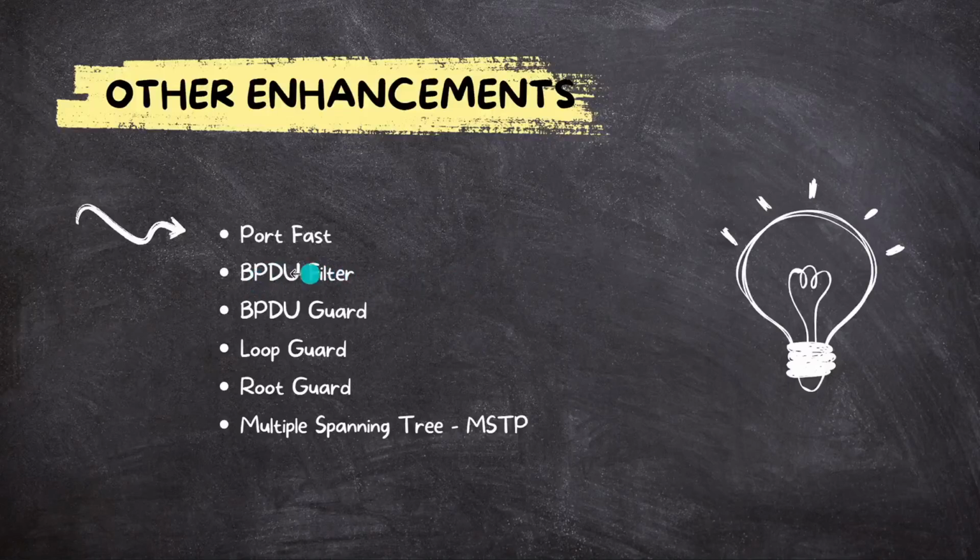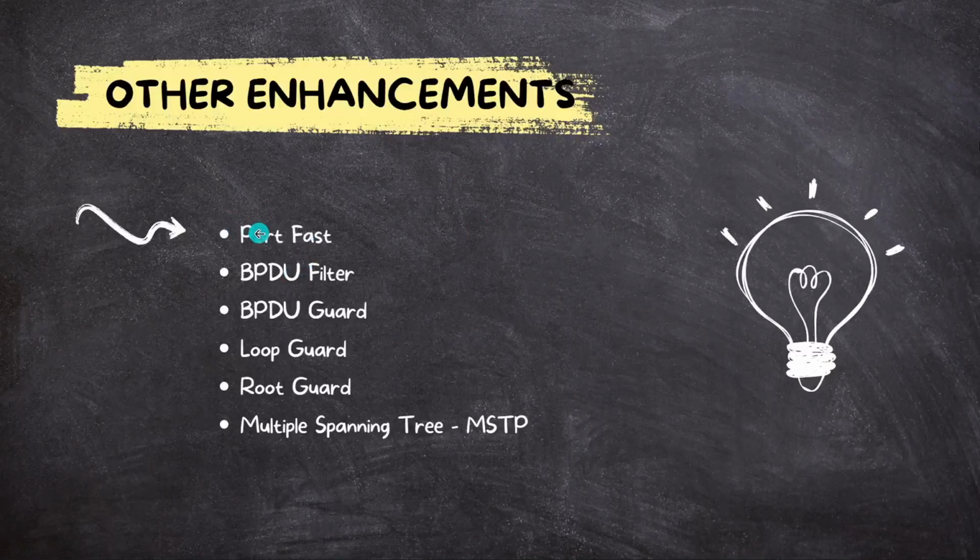Then there is BPDU filter and BPDU guard. Let's say you have configured some port to be PortFast, and then by mistake you connected that port to another switch, and that switch starts sending BPDU packets because it is also running STP.